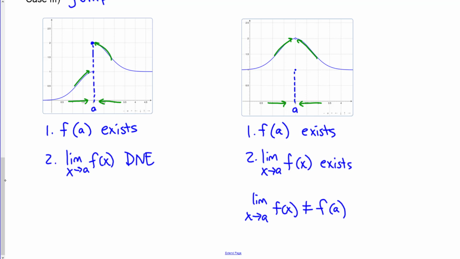So in order to have continuity, what the function should be and what the function is have to agree with one another. And so the thing that's falling apart here is that what the function is and what the limit says it should be disagree with one another. And those are all the different cases that we can have for functions when it comes to discontinuities.